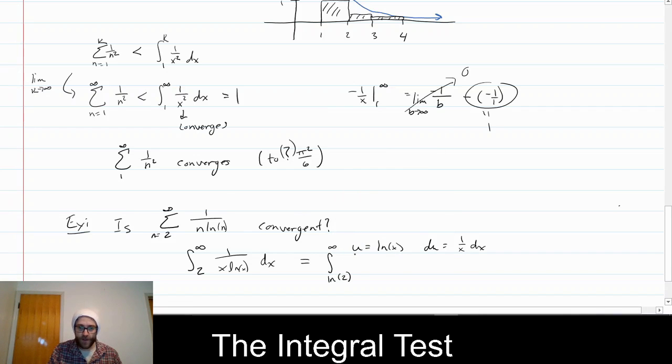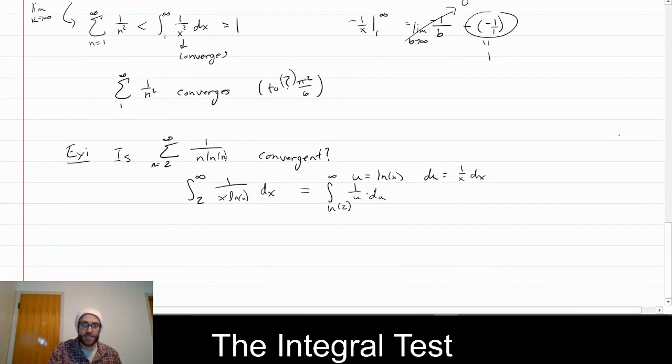And then we have 1 over u du. And so this guy is actually going to turn into the natural log of the absolute value of u from the log of 2 to infinity.